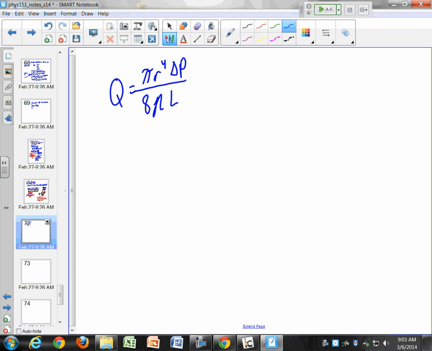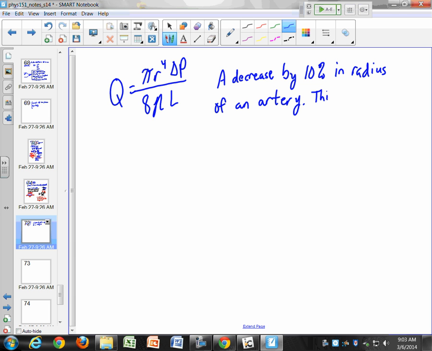So let's say that we have a decrease by 10% in the radius of an artery. This will cause a change in P of what? The pressure.